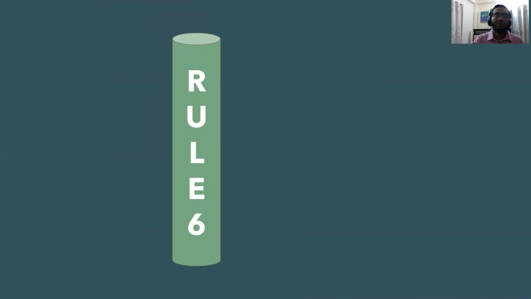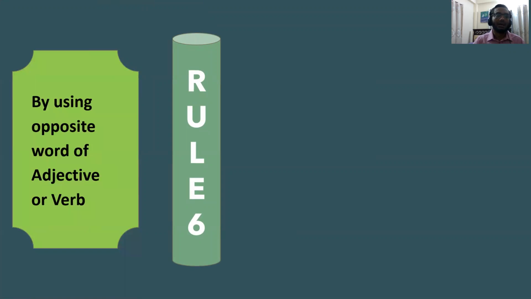Rule 6. What is rule 6? By using the opposite word of an adjective or verb, we can change an affirmative sentence to negative. Again, I am saying by using an opposite word, we can change an affirmative sentence into a negative one.